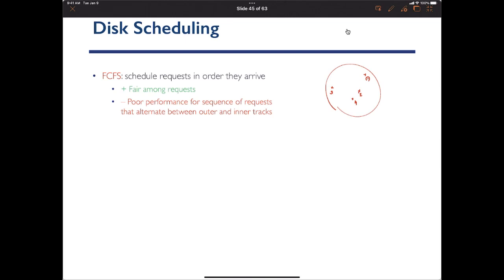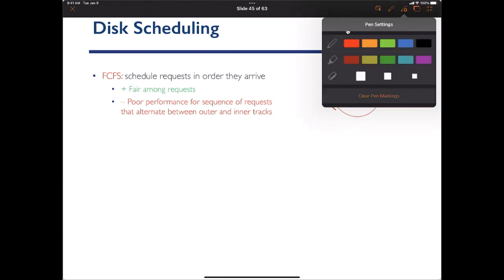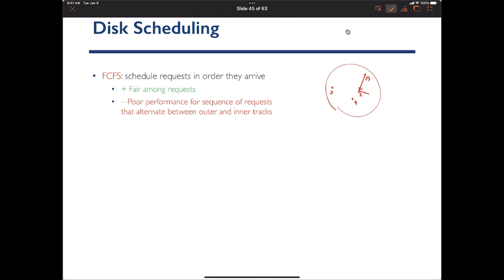So what happens is that the head keeps moving back and forth to answer these requests. In reality, the head just moves back and forth, right?